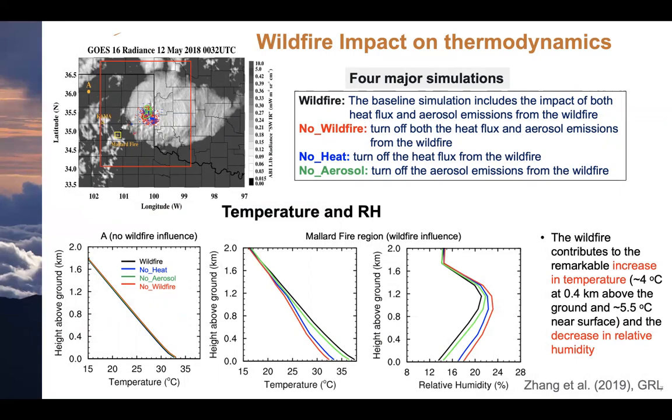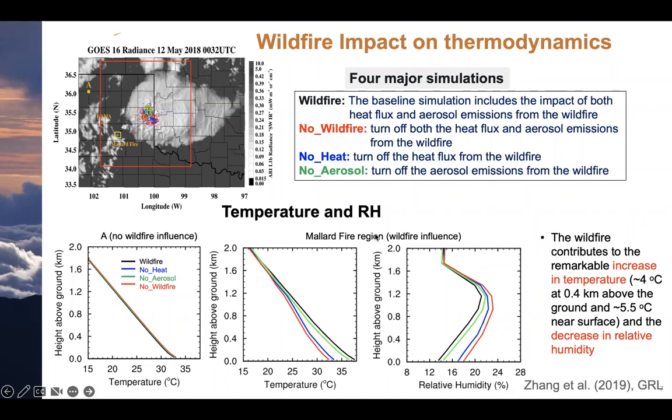So firstly, from the perspective of thermodynamics, we find that the wildfire contributes to a remarkable increase in temperature for this Malad fire region, which is marked as a yellow box here.